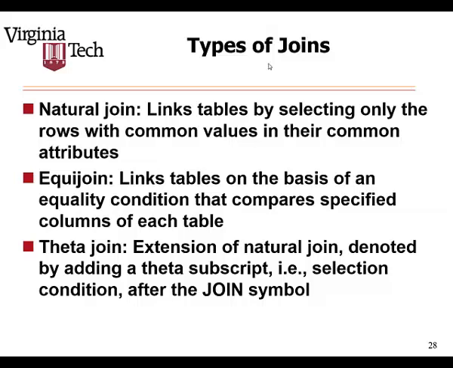Right? Because that's what we want to do. We want to find the matching data for this instance, which is in this other instance. So most of the time we are doing an equal join, where we are looking to say where the value in the primary key column is equal to the value in the foreign key column. And that's the most common thing that we do, equal joins.